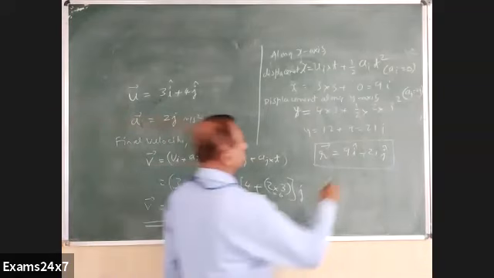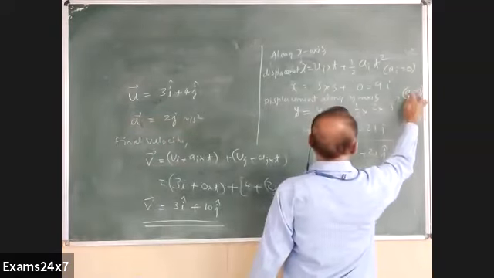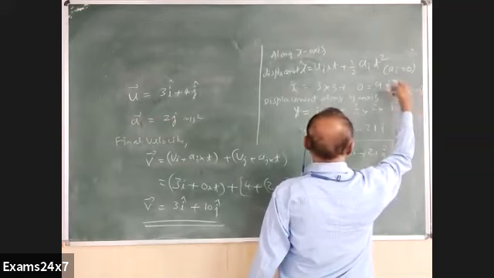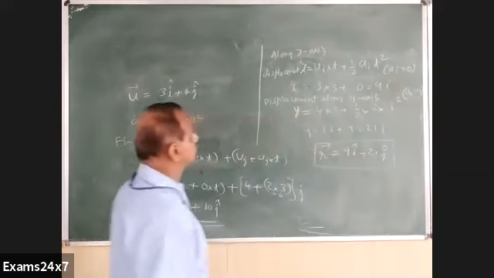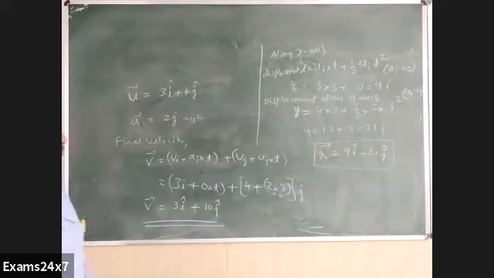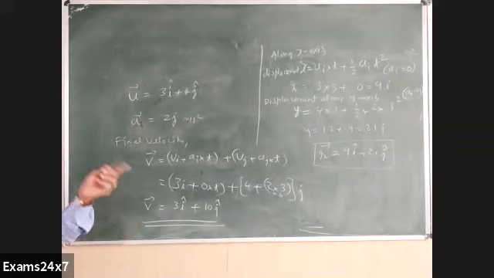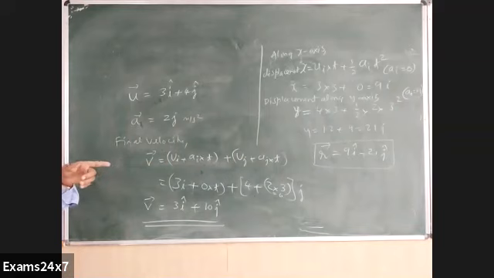Finally becomes 21j, or resultant can be expressed in terms of x and y components as 9i plus 21j.